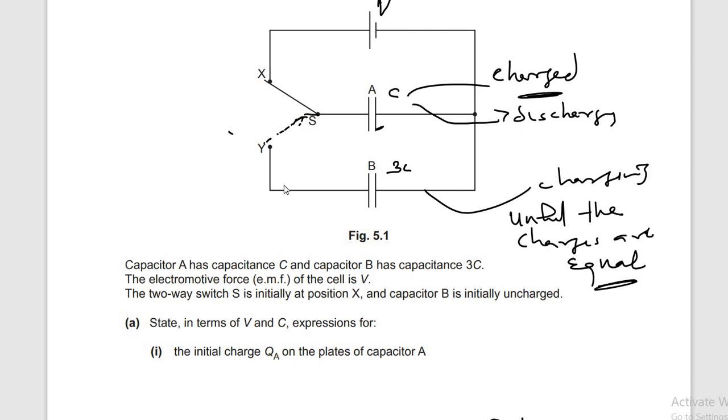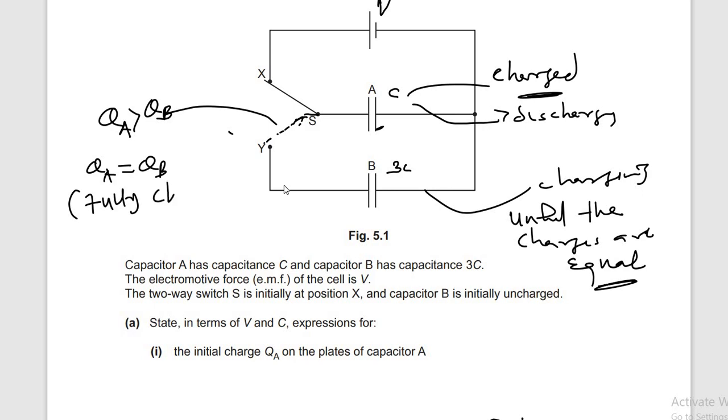As it is right now, with this connection, the charge of A is greater than the charge of B. So when it's fully charged, the charge at A will equal the charge at B. This is what the question is trying to tell us.